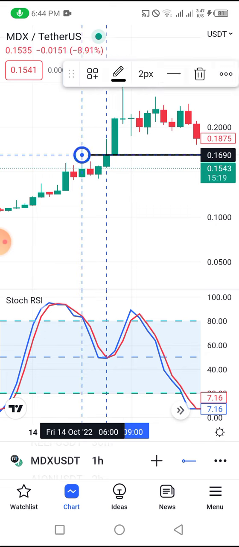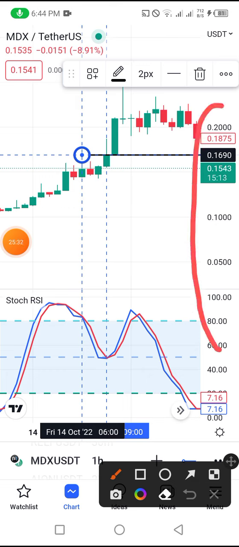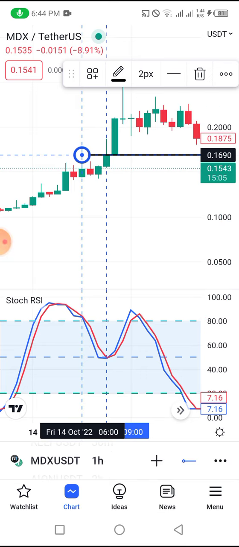Now the essence of bringing the horizontal ray is you want to identify on your price line where exactly that horizontal ray is going to touch. And indeed, we can see here that this horizontal ray has touched 0.1690.